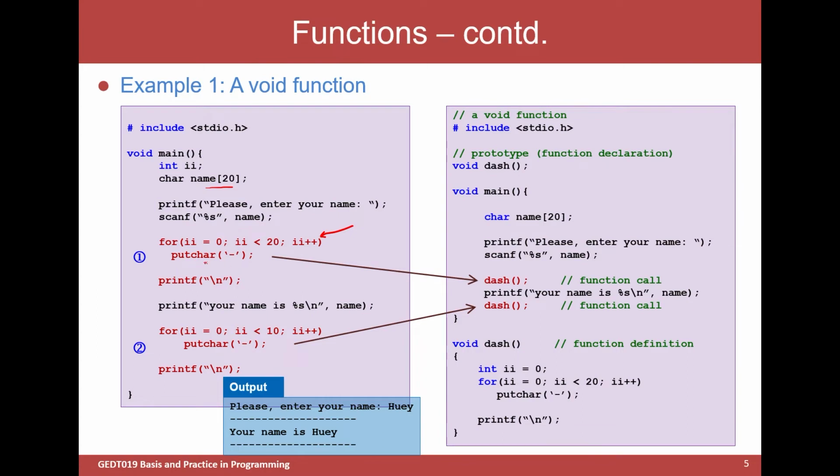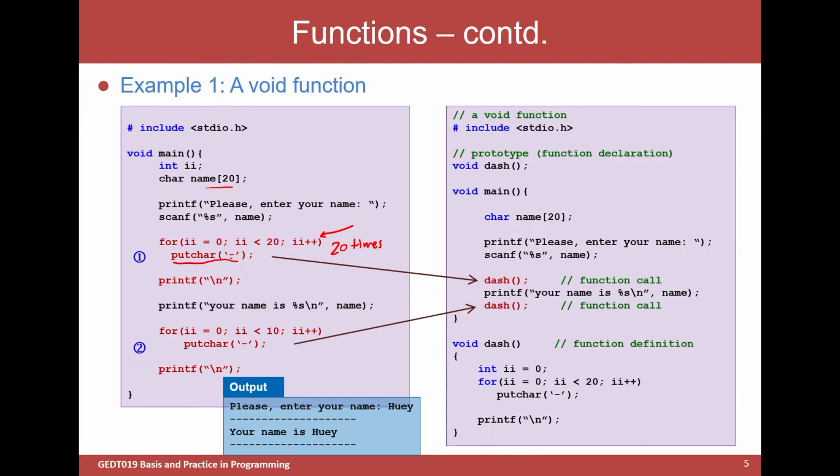There is just one line inside the loop. This line of code will be executed 20 times. Why? Because starting from 0 to 20, every time i increases by 1, that means this line of code will be executed 20 times.